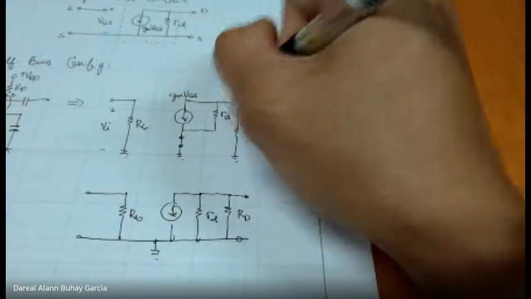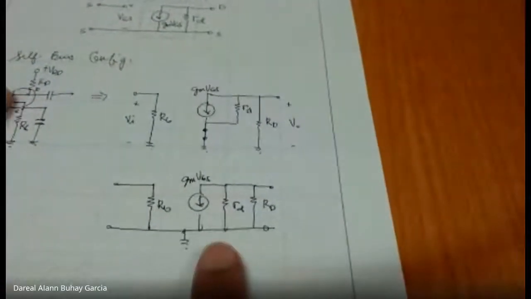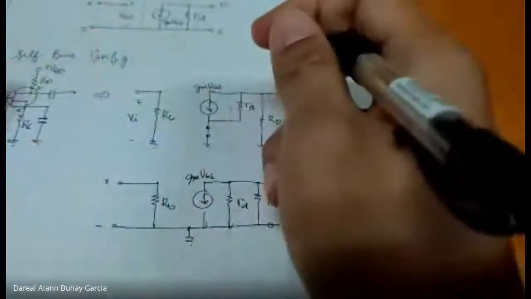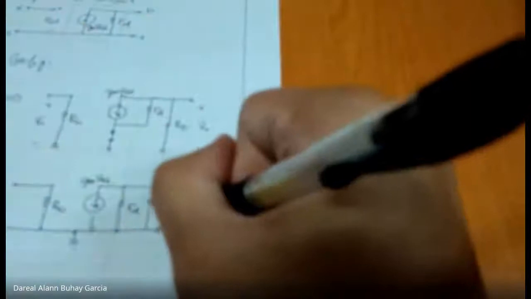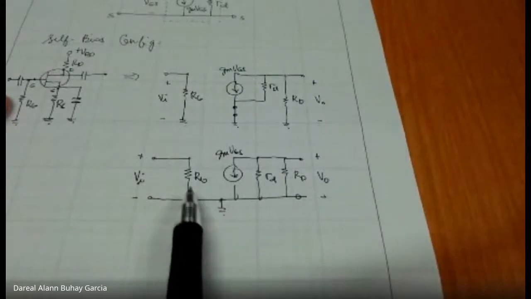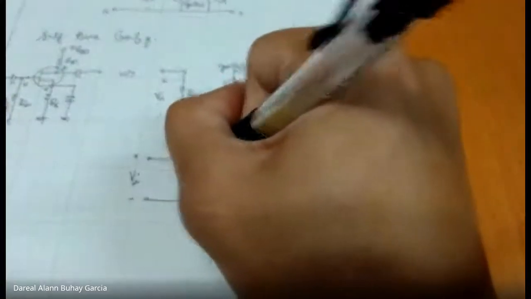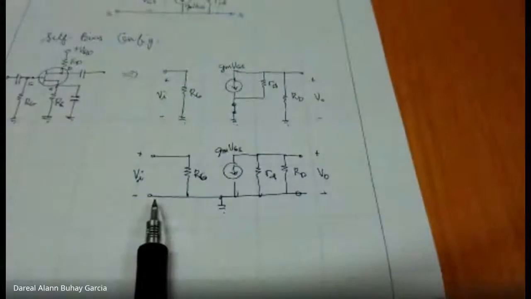Okay. So malasyag katong gyapong kuan, di ba? Malasyag katong atong self-bias gyapon or emitter bias sa kuan BJT. Input impedance is clearly RG. Okay.